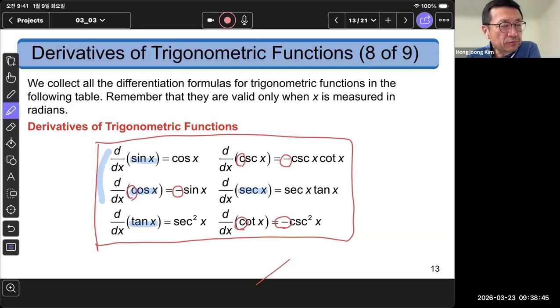I mean, in high school days, I just memorized the derivatives of sine, cosine, and tangent only, because memorizing 6 formulas was a little bit difficult. But it's up to you. If needed, I just apply the quotient formula to derive the derivatives of secant or cosecant or cotangent functions.